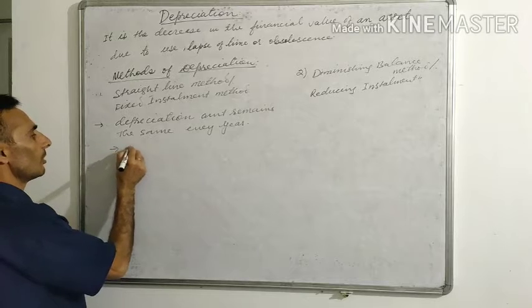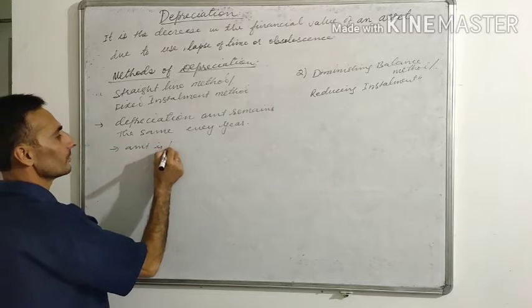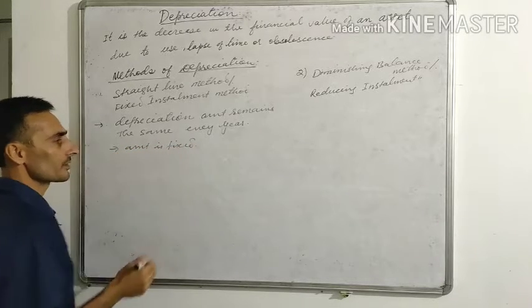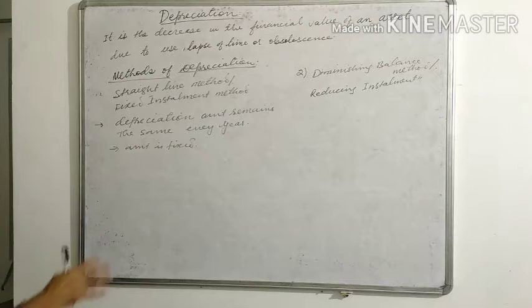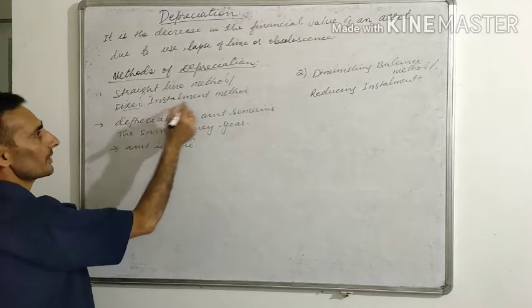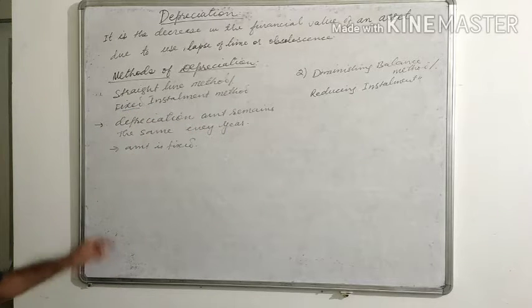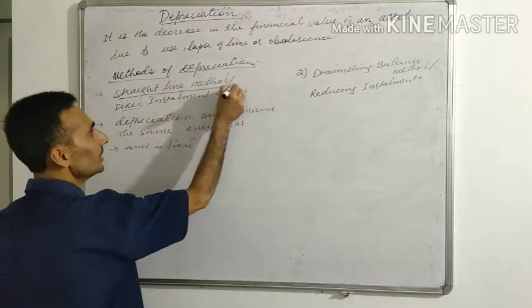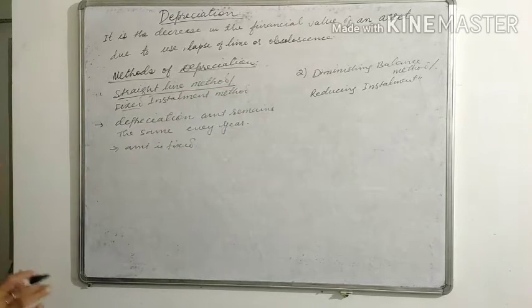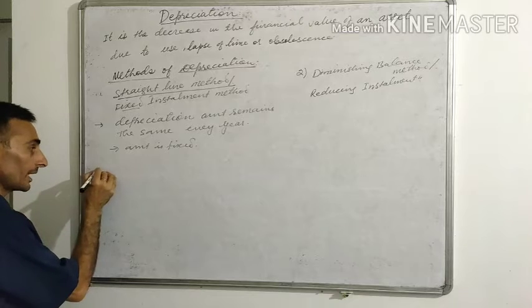That means the amount is fixed. Or the fixed amount is charged as depreciation. So that's why it is also known as fixed installment method. So the amount of depreciation does not change under straight line method. It remains fixed. How do we calculate?